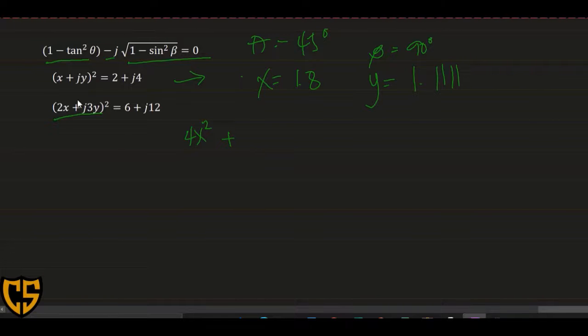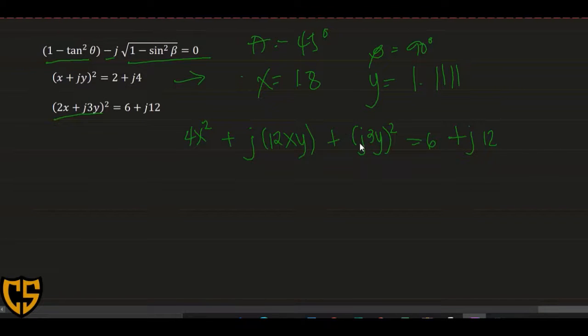So simplifying this, or expanding this, we will have 4x squared plus, so 2 times 3, that is 6, times 2, that will be 12. So we have j times 12xy plus sa aton nga j times 3y squared is equals to 6 plus j12.